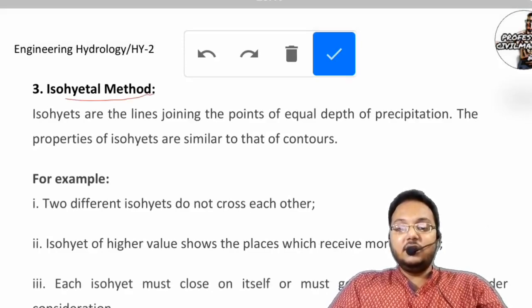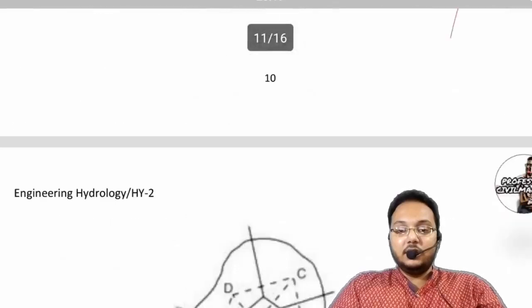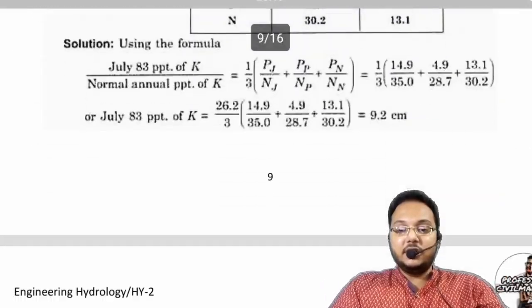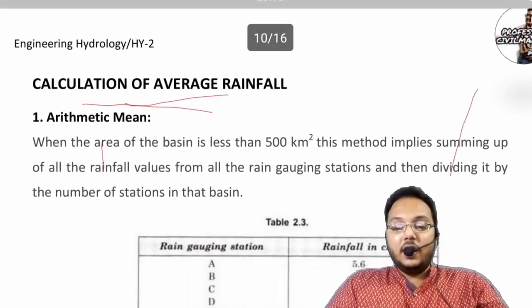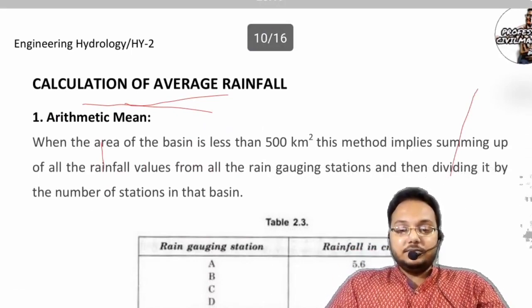So these are the three types of calculation of average rainfall, and we are going to study this in this particular video lesson.